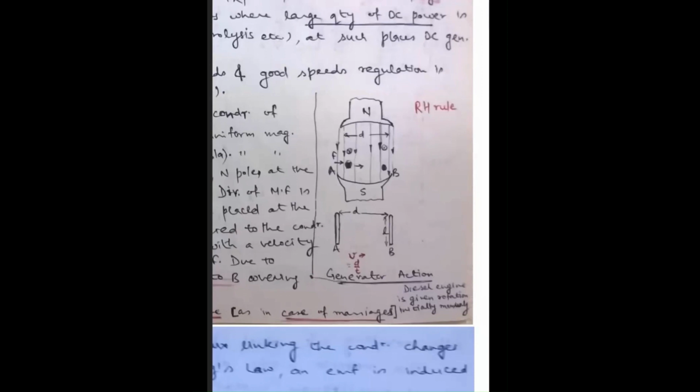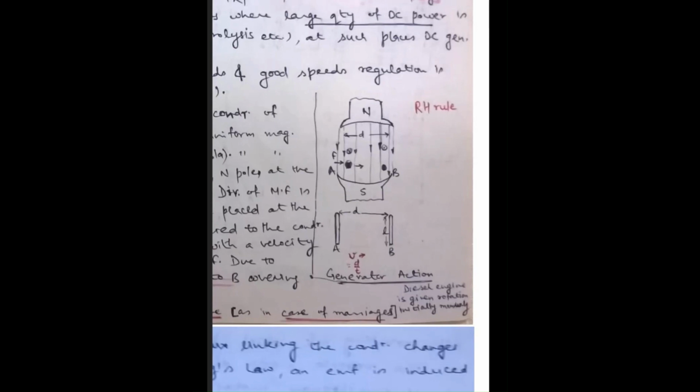Either it can be done manually, as in the initializing state, or in the DG set, when the DG is started, you must have seen that the person operating it winds a thread over the rotor and gives a few rotations, and pulls suddenly to give some initial starting torque to it, and then it is connected to a turbine, the turbine being a diesel engine, and that diesel engine is connected to this DG set or generator set, and it gives the electricity.